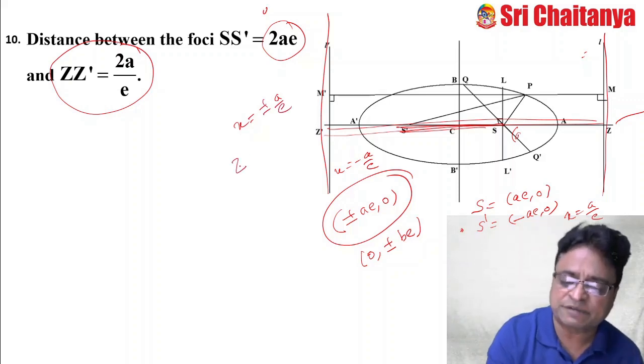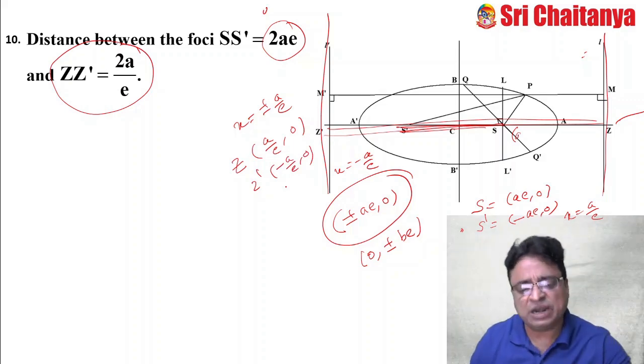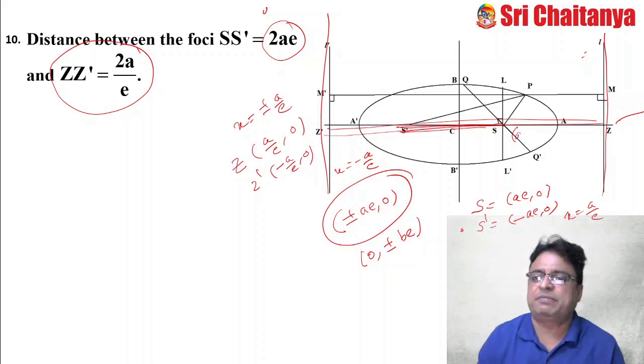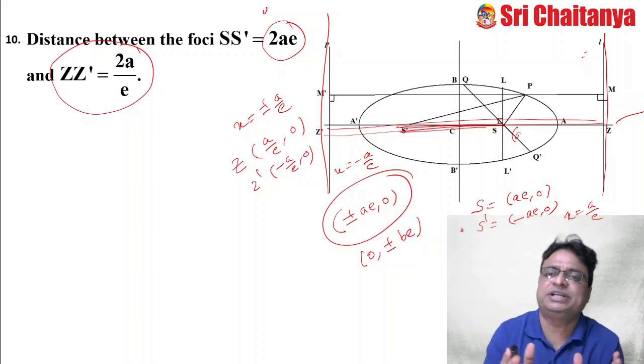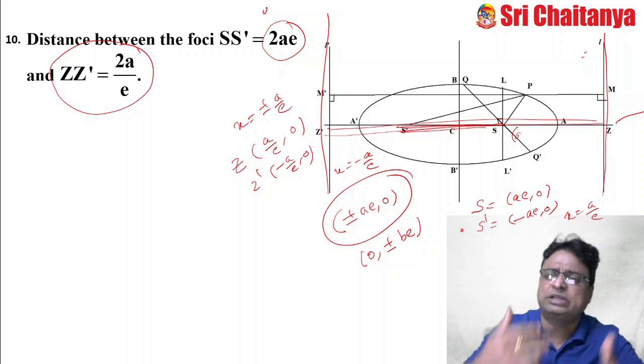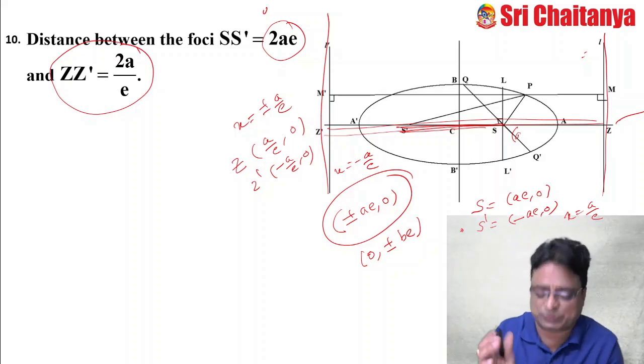And the coordinates of Z are a by e comma 0, and Z dash is minus a by e comma 0. With the help of these two pieces of information, we can find the coordinates of Z and Z dash. I will give all that information at a glance in tabular form also. Here I am just explaining.